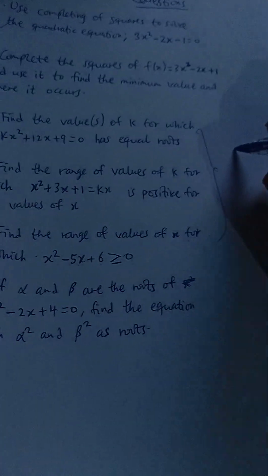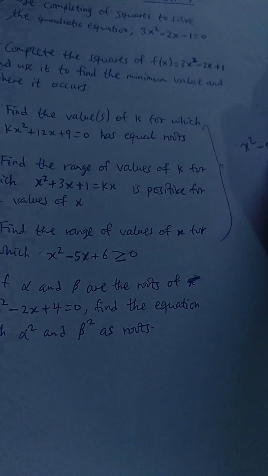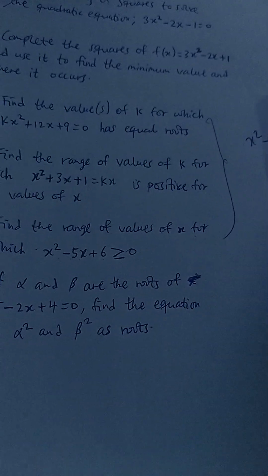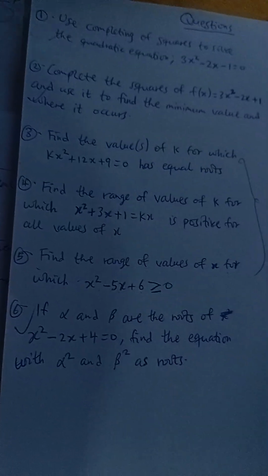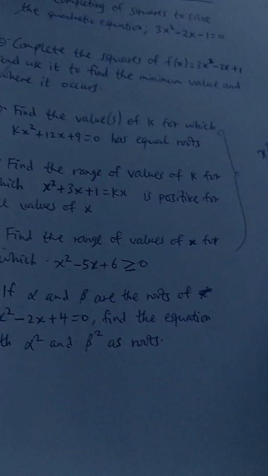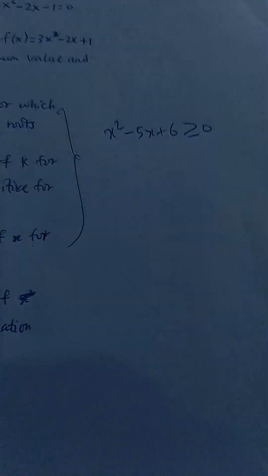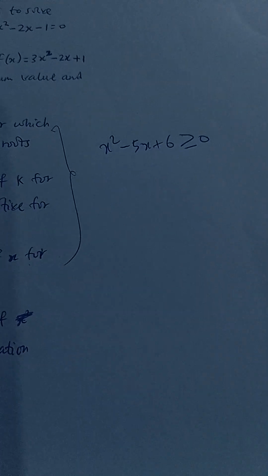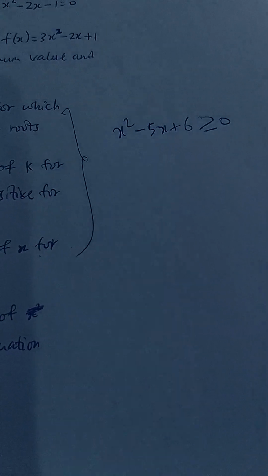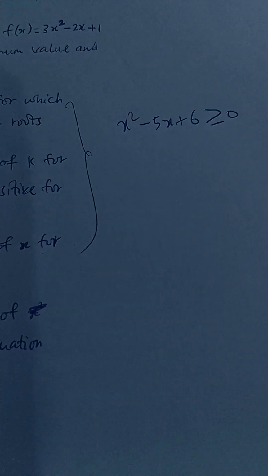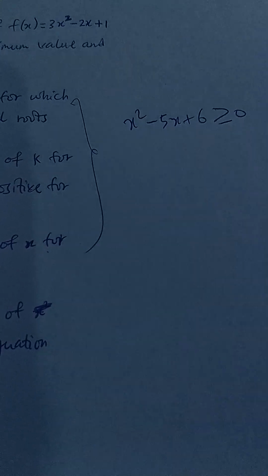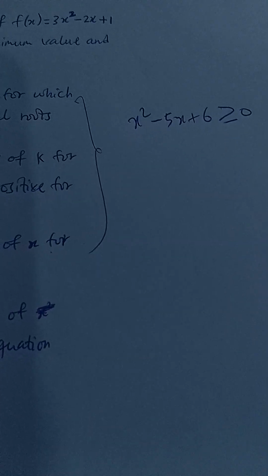x squared minus 5x plus 6, I think greater than or equal to, rather greater than or equal to 0. So let's solve this. You can just use a calculator to get the answers first. 1, minus 5, 6.